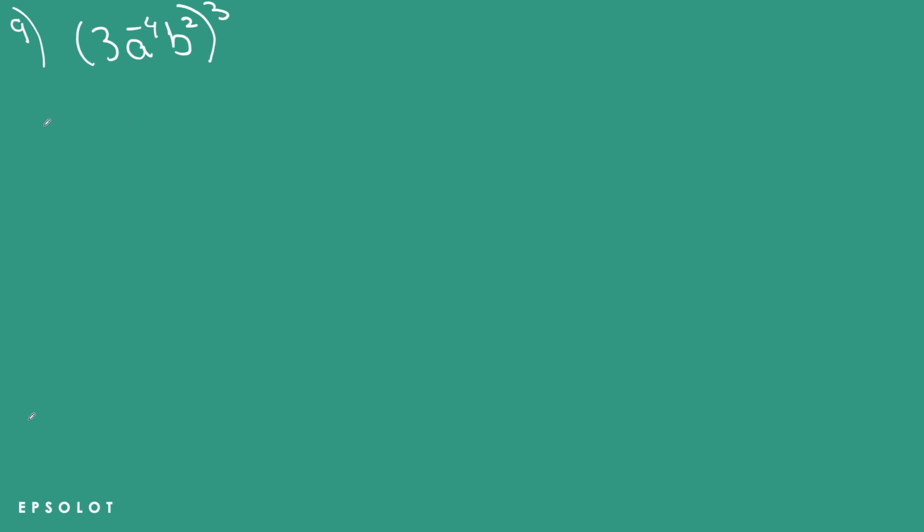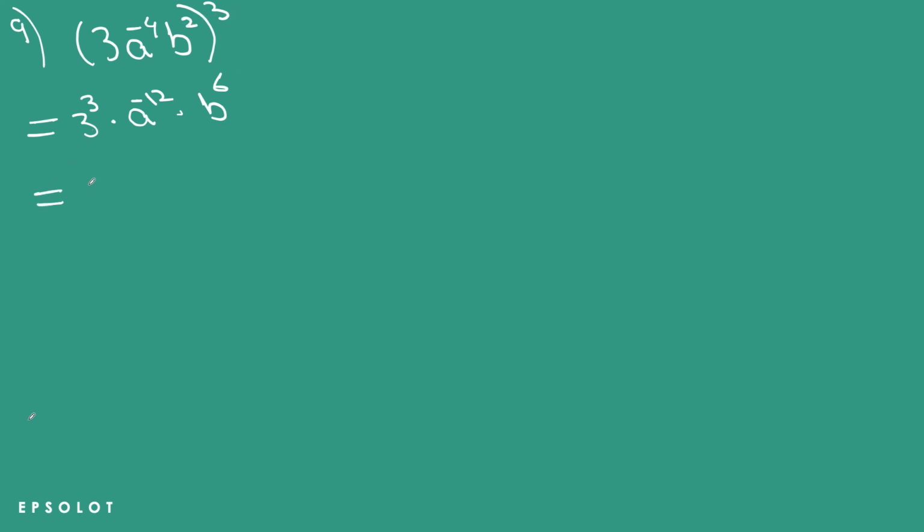Now, just like the index law states, if you have a number outside of the bracket, then it applies to all the terms within that expression. That means we'll have to rewrite this as 3 to the power of 3 multiplied by a to the power of negative 12 multiplied by b to the power of 6. Negative 12 because negative 4 times 3 is negative 12, and 2 times 3 is 6.